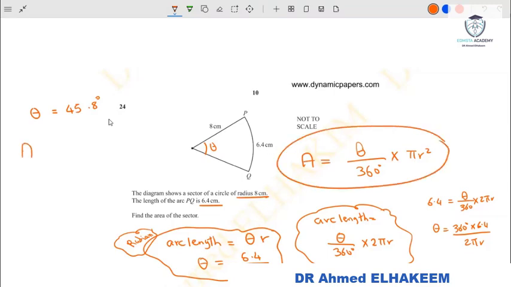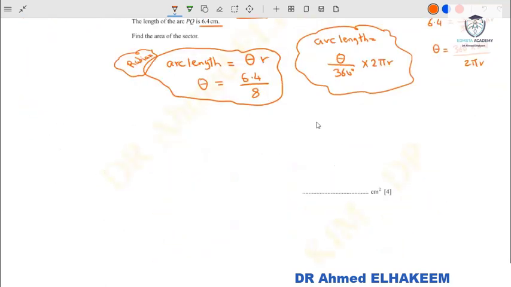So area will be equal to theta, which is 45.8 degrees over 360 times pi times 8 squared. And you will find it to be 25.6. Okay, clear?